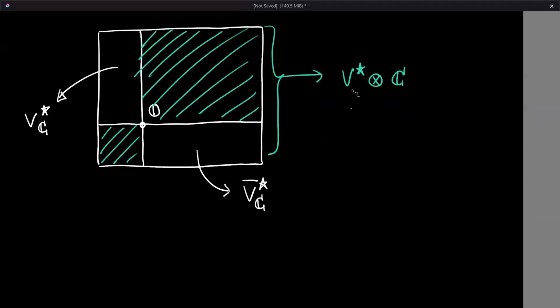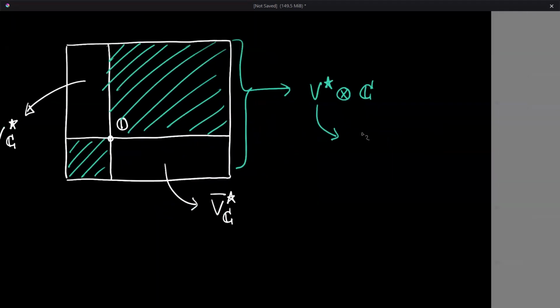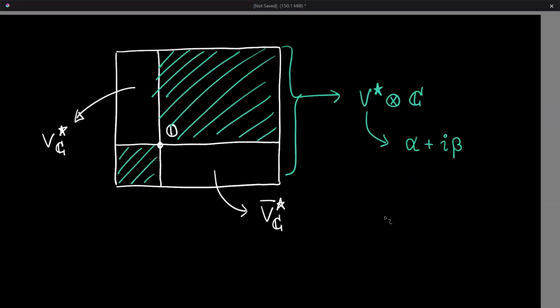So remember that the elements of V star cross C look something like alpha plus I beta. But you can also construct them from these two. So that's what we're going to get to next.